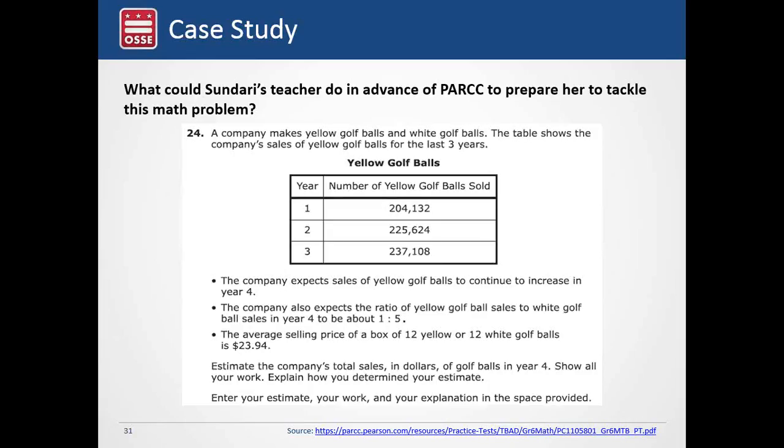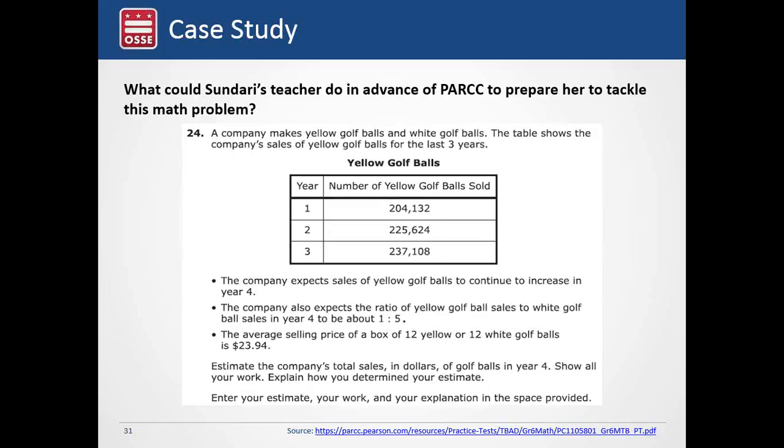But she also has a pattern of saying she doesn't feel well or asking to go to the bathroom where reading is involved. So we thought a little bit about what could be causing Sundari to act in that particular way. Maybe she does have a learning disability or some other sort of disability that has not yet been identified, but perhaps there are other factors.